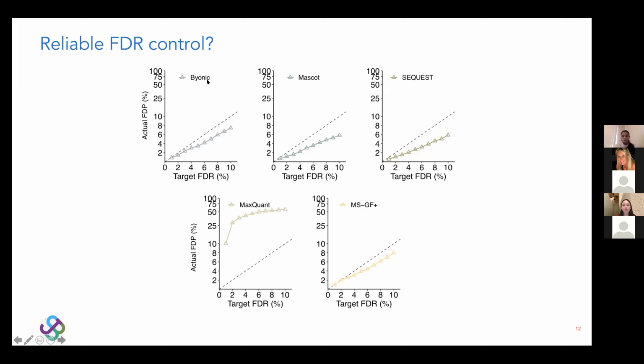We can see that of the 5 search engines we examined, Byonic, Mascot, Sequest, and MSGF all have pretty good FDR control. However, the empirical FDR of MaxQuant exceeds this line by a large margin. So there is one particular search engine that's not reliable in terms of FDR control.